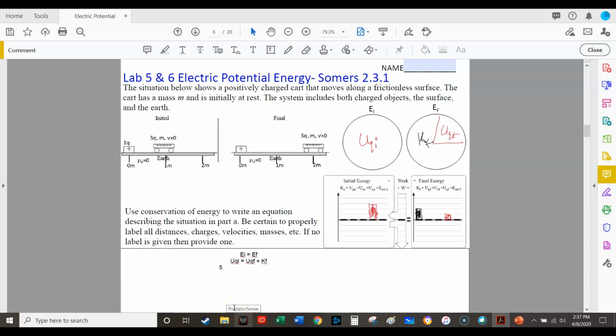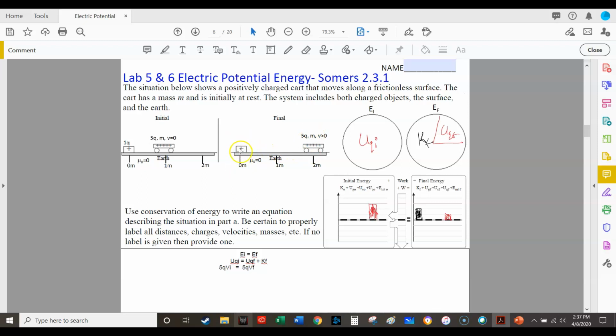So the 5Q charge is moving in a field created by an initial voltage created by this 1Q object, and that's going to be equal to the 5Q charge moving further away in a final voltage over here.